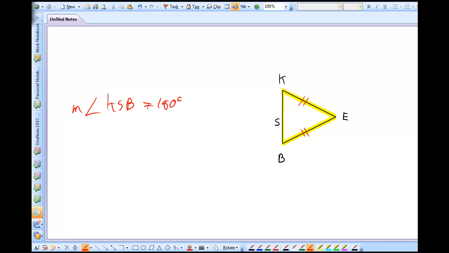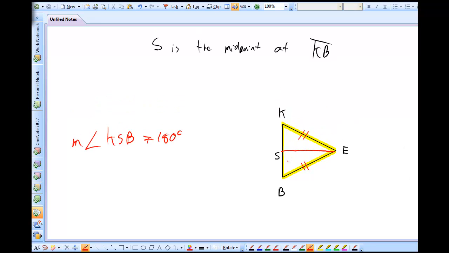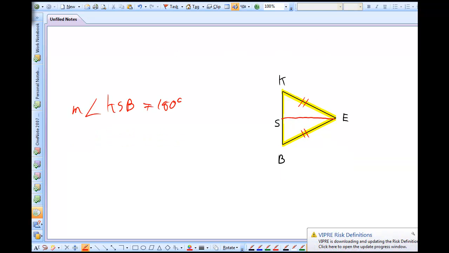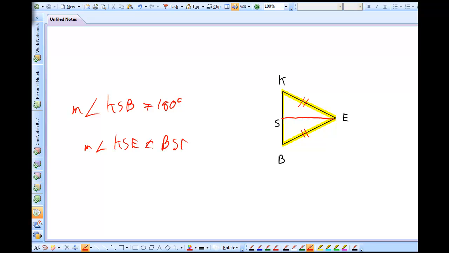Since the segment ES bisects this big triangle into two triangles, that means that angle KSE, or the measurement of angle BSE, is equal to 90 degrees because it's congruent and it's supplementary.